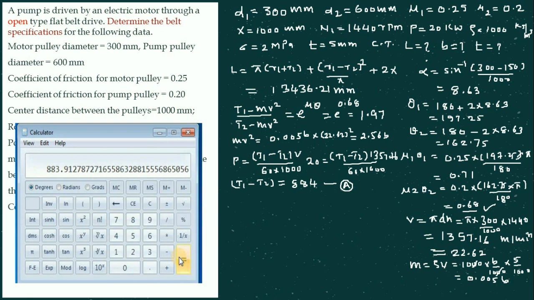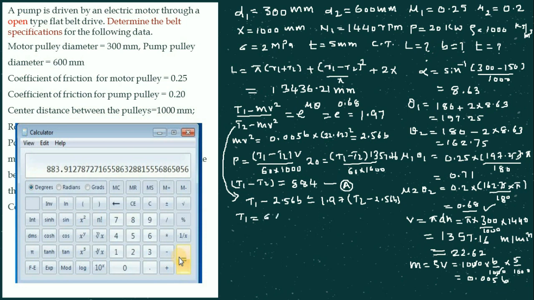Now if you consider this formula here, it will be T1 minus m v square, that is 2.56 B, which is equal to 1.97 into T2 minus 2.56 B. We can calculate T1 also.